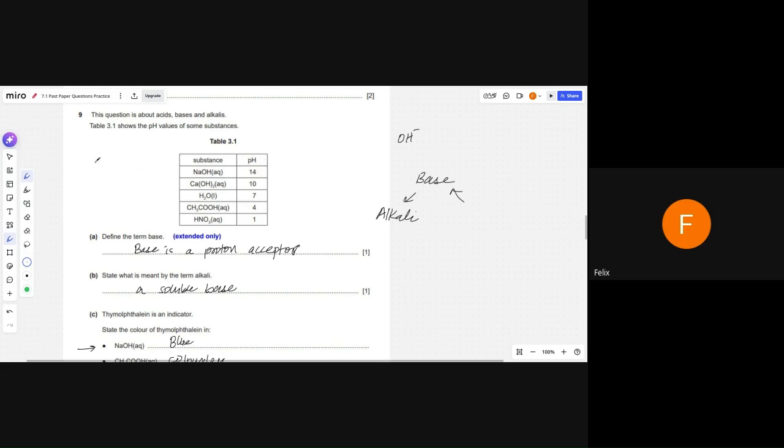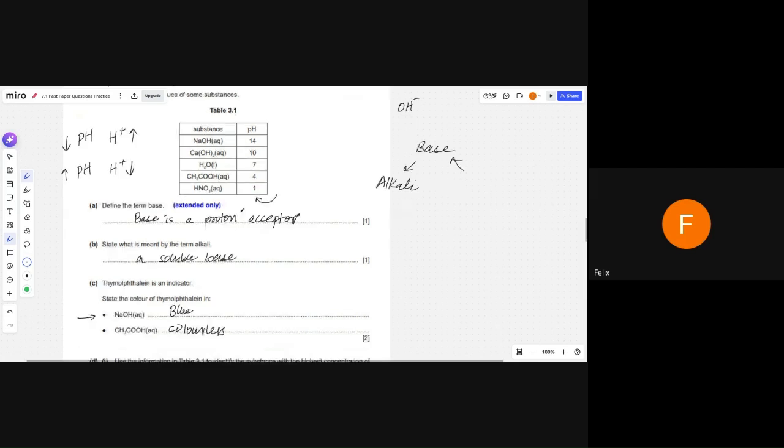The lower the pH, the higher the hydrogen ion concentration. This is very important to understand. As the pH decreases, the concentration of the hydrogen ion increases, and that makes that substance more acidic. If you are increasing pH, it means we are decreasing the hydrogen ion concentration. Remember that. HNO3 has the lowest pH, so that is the answer.